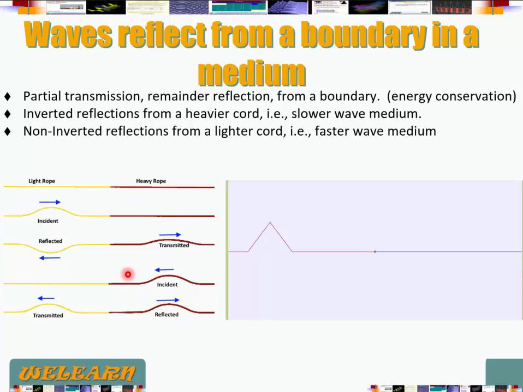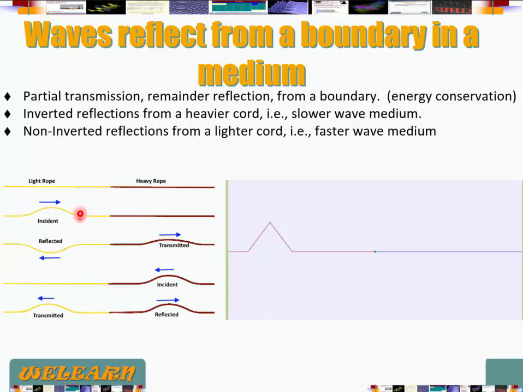I started with a crest and I got a crest. See the distinction here. When we went from light to heavy, reflected is flipped. When we go from heavy to light, reflected stays upright, in the same orientation. The transmitted in both cases stays in the same orientation.